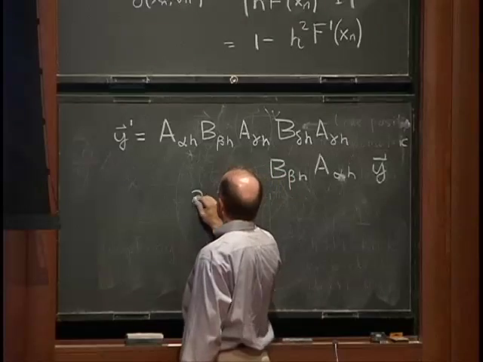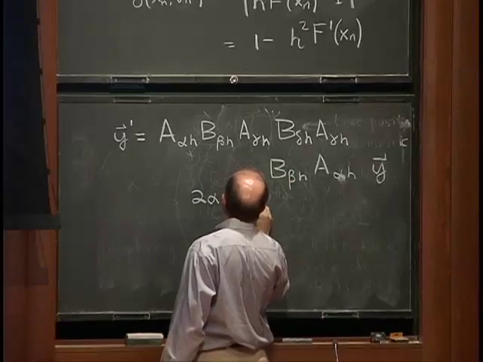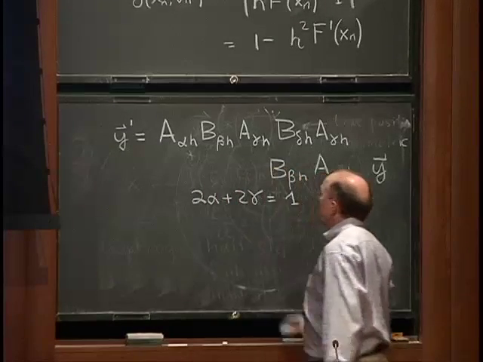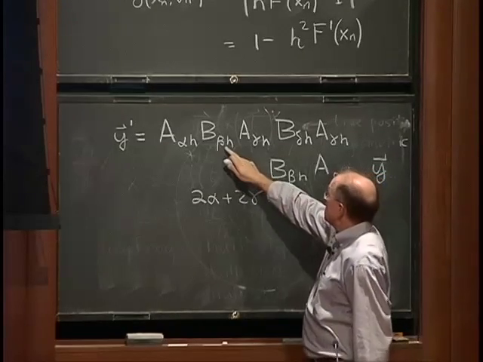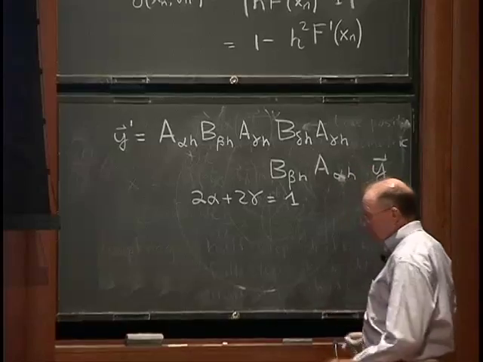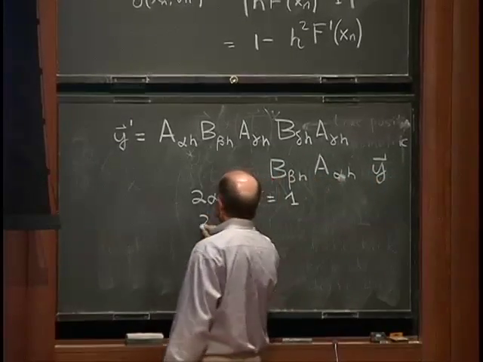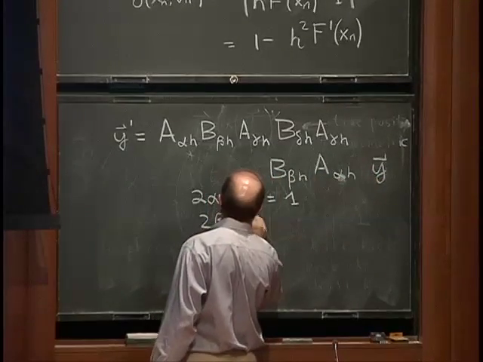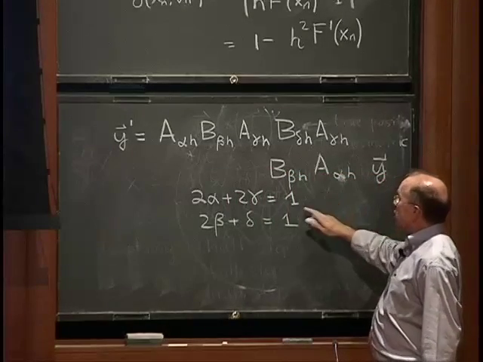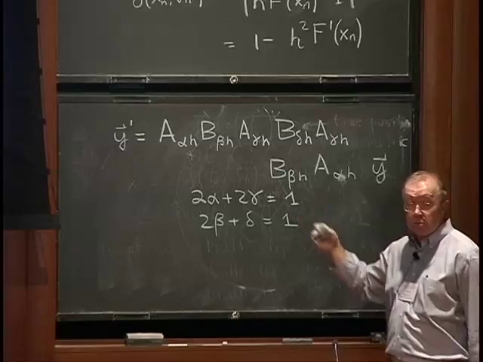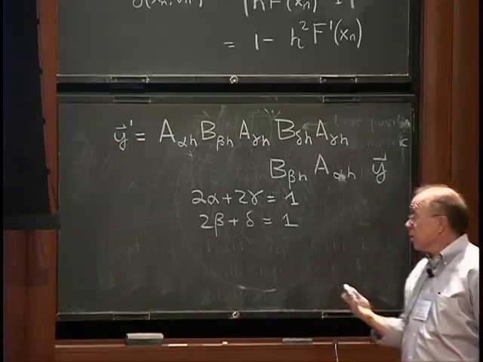So it's pretty clear that 2 alpha plus 2 gamma has to be 1. Similarly, if there's no drifts, you'd like the coefficients of the B's to add up to unity. That says 2 beta plus delta ought to equal 1. But this is 2 constraints on the 4 numbers, and so you've got some extra freedom.